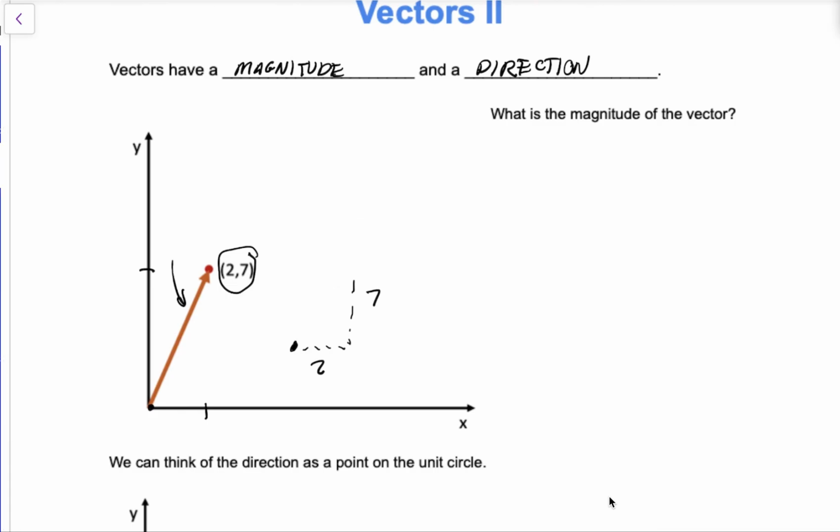So now the question that's posed on this handout is, what is the magnitude of the vector? And I'm sure you know how to solve that. So the magnitude, we'll call this vector v. The magnitude of vector v is given by the square root of v sub x squared plus v sub y squared.